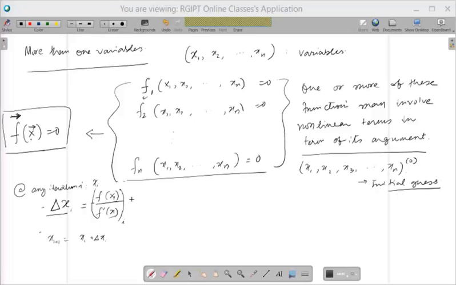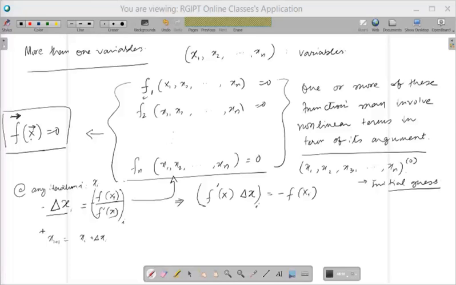In order to apply this to the situation when we have multiple variables, what we do is actually write this in this form: f prime of x times delta x at step i would be equal to minus f of x_i.